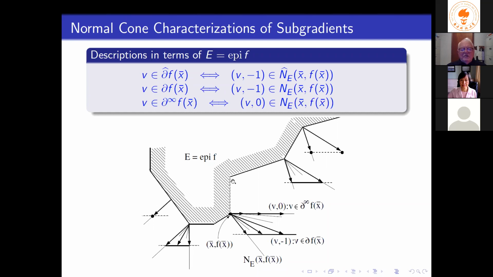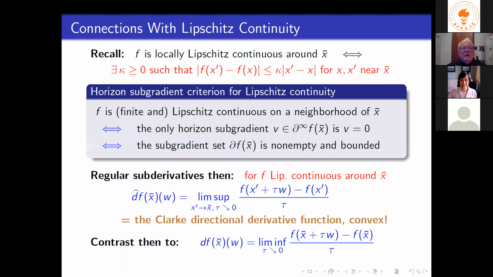And I'm not looking at the subgradients along this boundary. They all have to do with points on the graph of the function. I'm going to come in a moment to the main interaction between all these different concepts.